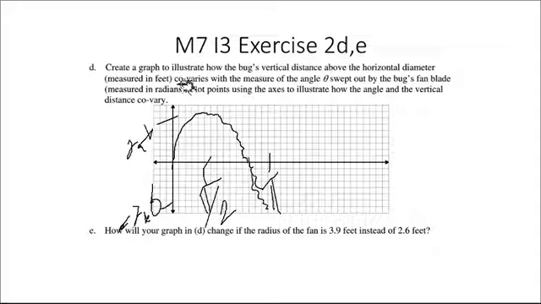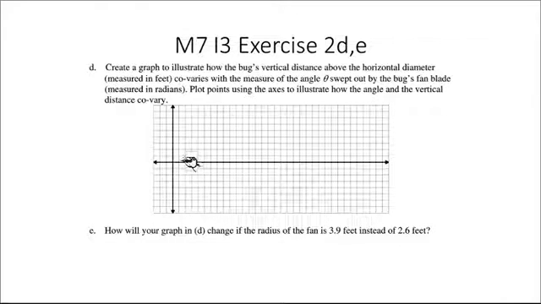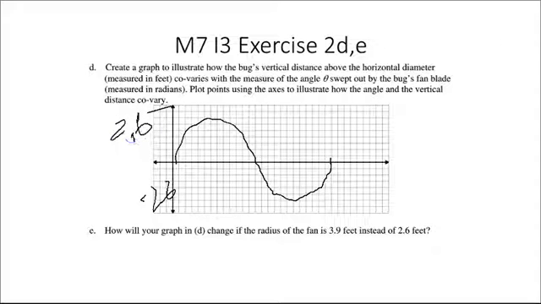Negative 2.6 is what we would call a directed distance, since we were careful when we defined our units to say distance above the horizontal diameter. And then we're going to decrease here at a decreasing rate and then start to increase again at an increasing rate. Sorry, I wanted to try my best with this stylus to draw a nice curve. All right, that's negative 2.6 to 2.6, right?